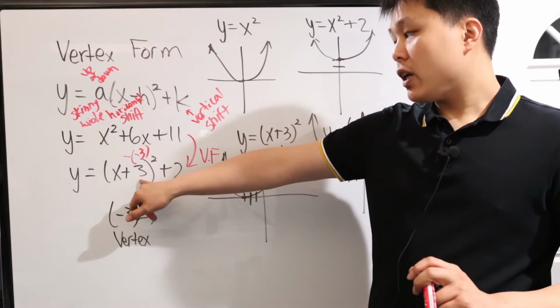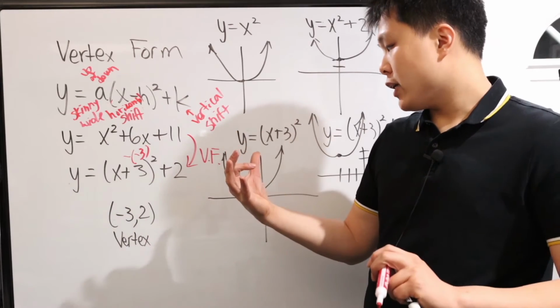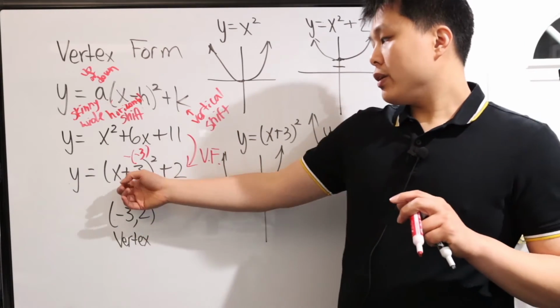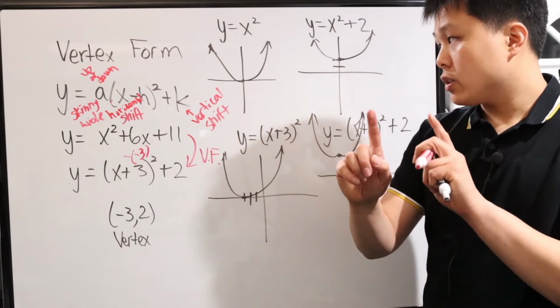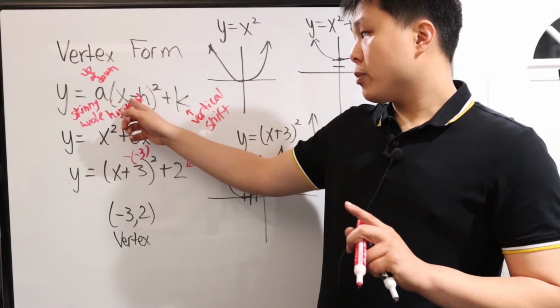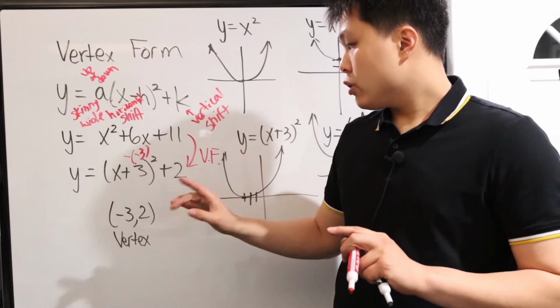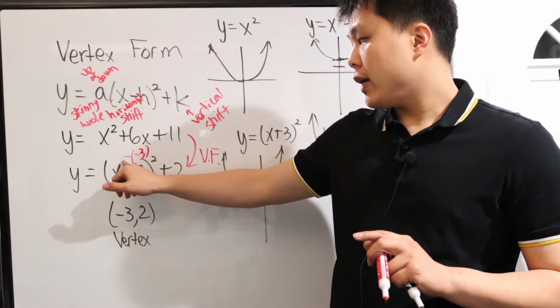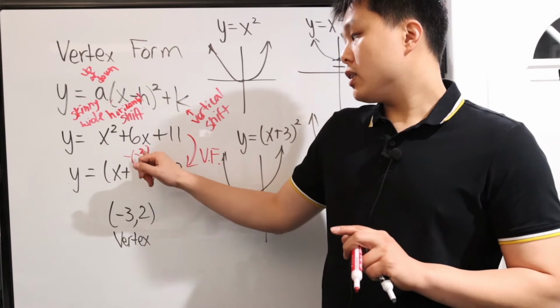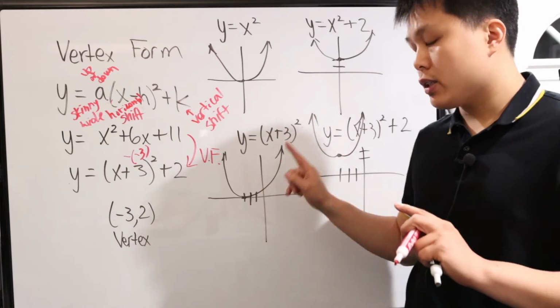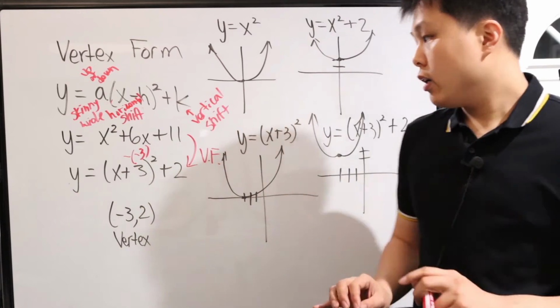Since it's a +3, a lot of people might make the mistake of thinking, well, that's a +3, so I'm going to move everything to the right. That's not the case. Remember, in our vertex form, it's actually a -h. So technically, in this case, it's a minus and it's a negative number. Because it's a negative number, you're actually moving everything to the left, not the right.